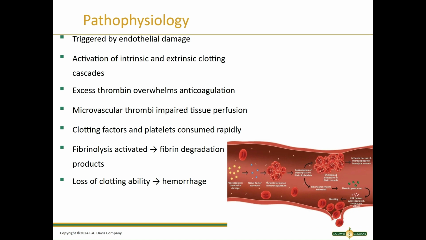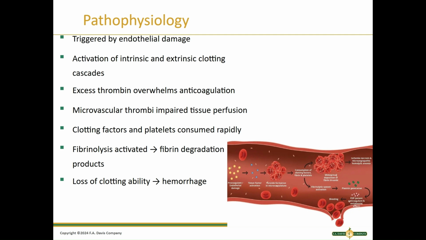cancer or blood transfusions. DIC is typically described in two separate phases, a clotting or thrombotic phase and then a bleeding phase. But in some cases, these two may actually be occurring simultaneously. So in that initial thrombotic stage, this may last for hours up to several days.